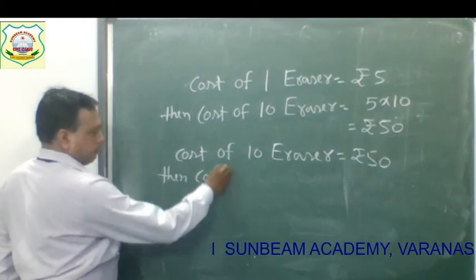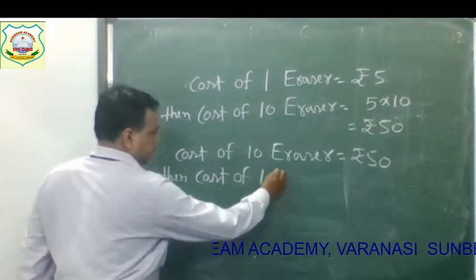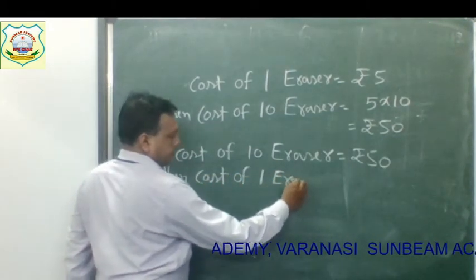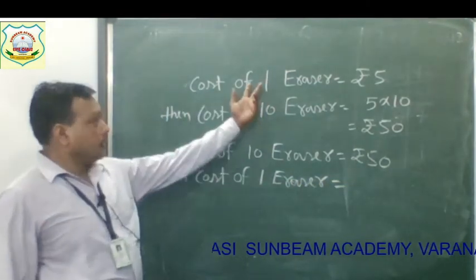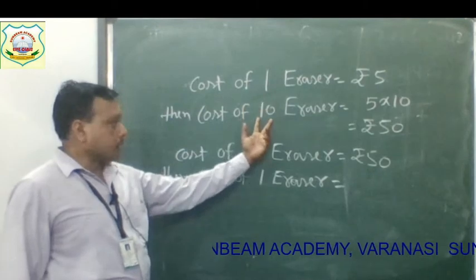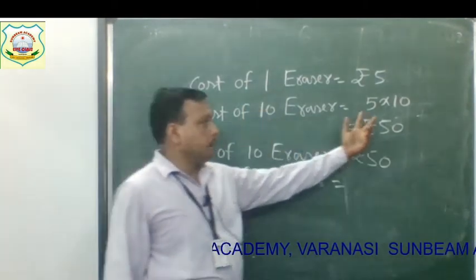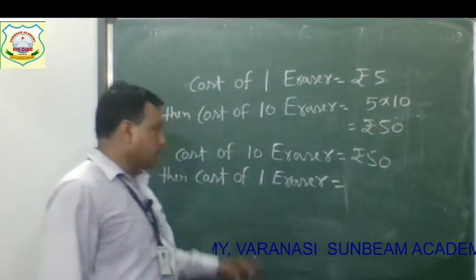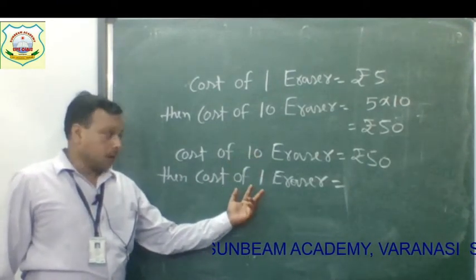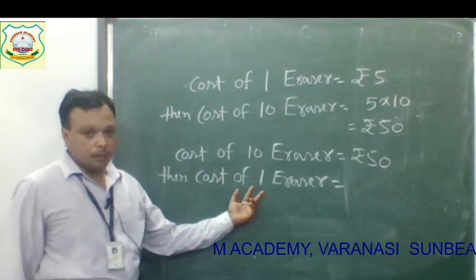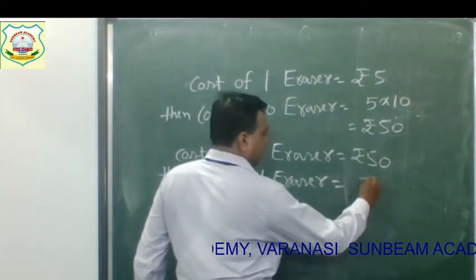Students, earlier less value was given and asking for more, so we multiplied. But here it is just the opposite: more value is given, now asking for less. In this case, what do we have to do? Divide. So 50 divided by 10.